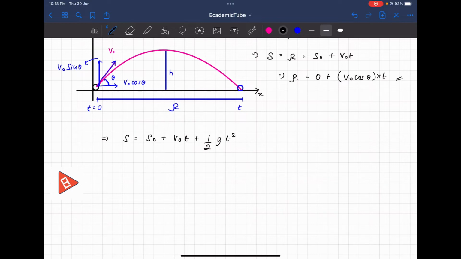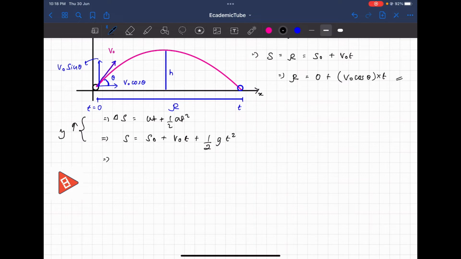How did we get this? We know s is equal to ut plus half at square. We all know this equation. From that we wrote it in a different way. So this we are writing for the y direction.